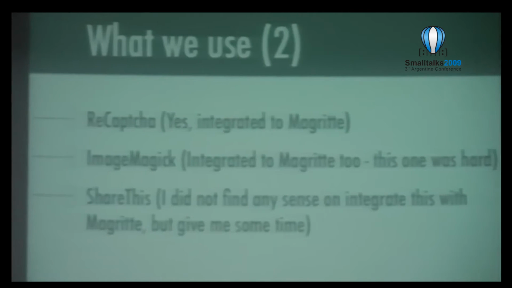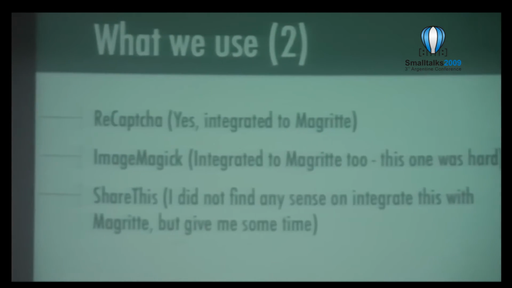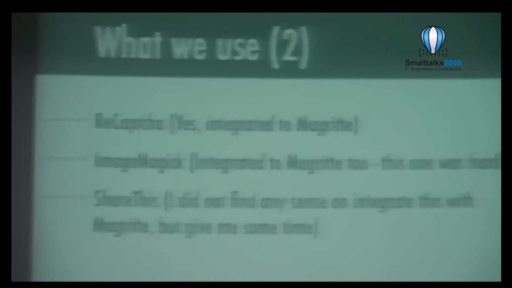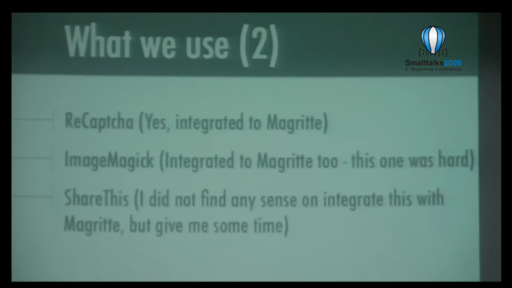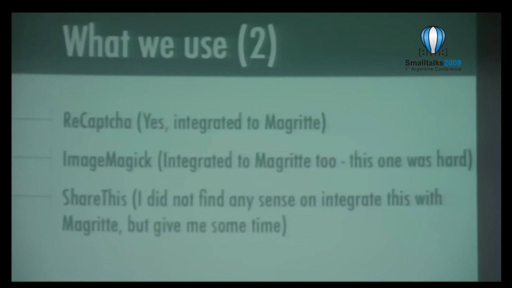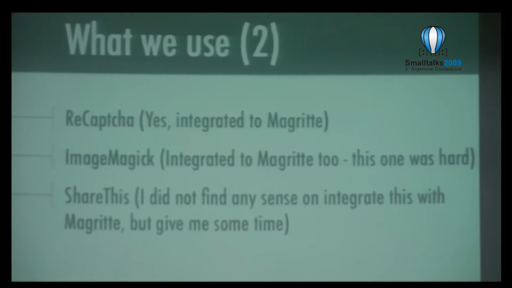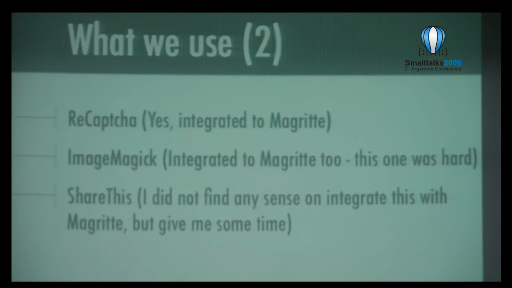We extended Magritte to process input files through ImageMagick. I don't know how to pronounce that, but you get it. And we have other components like shared disk, which I don't find any sense to integrate to Magritte yet, but I will find one reason to make that.